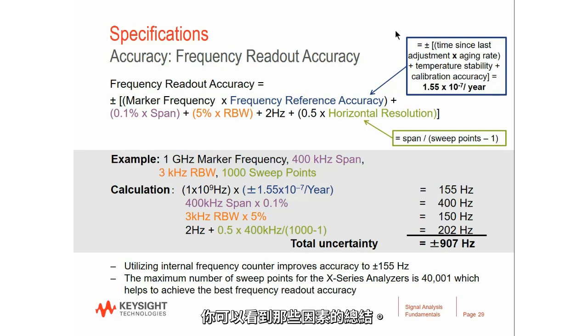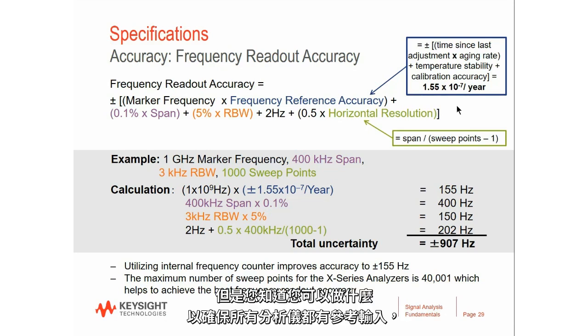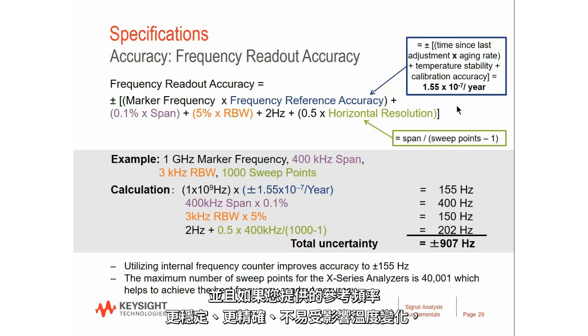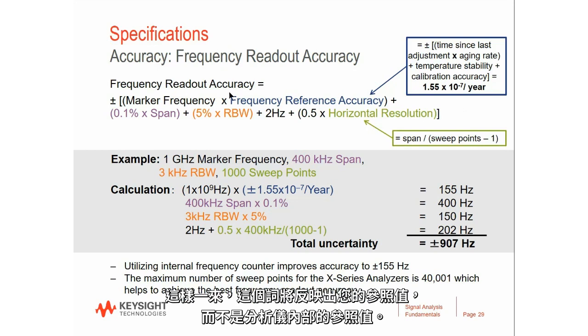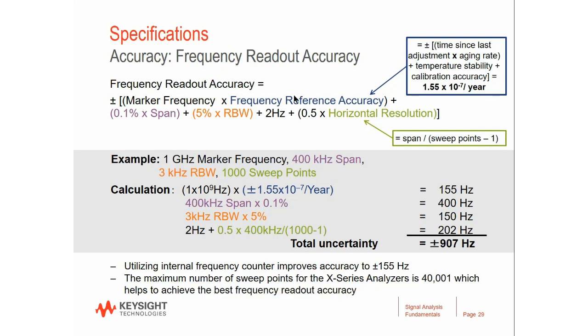You can see those factors summarized up here. What you have is a frequency reference accuracy that changes with temperature or time. But you know what? There's something you can do about that. All of our analyzers have a reference input, and if you provide a reference frequency that you think is more stable, more accurate, less susceptible to temperature variations, you can plug it into the rear panel of our analyzers, and now this term is going to be reflective of your reference, not the one that's inside of the analyzer.